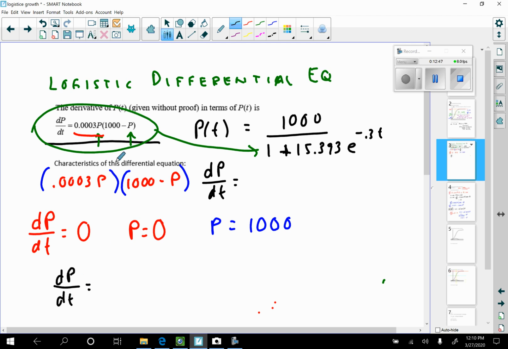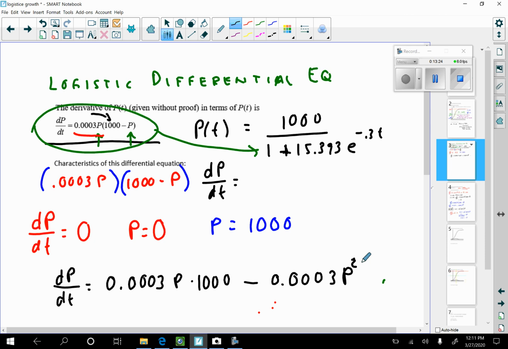Multiplying through, I get 0.003p times 1,000, using the simple distributive property, minus 0.003p times p, which is p squared.